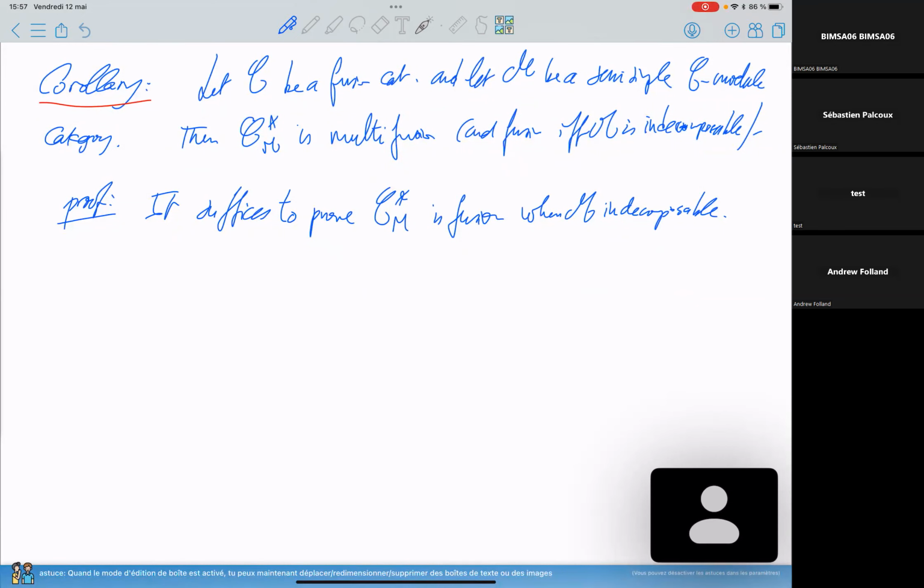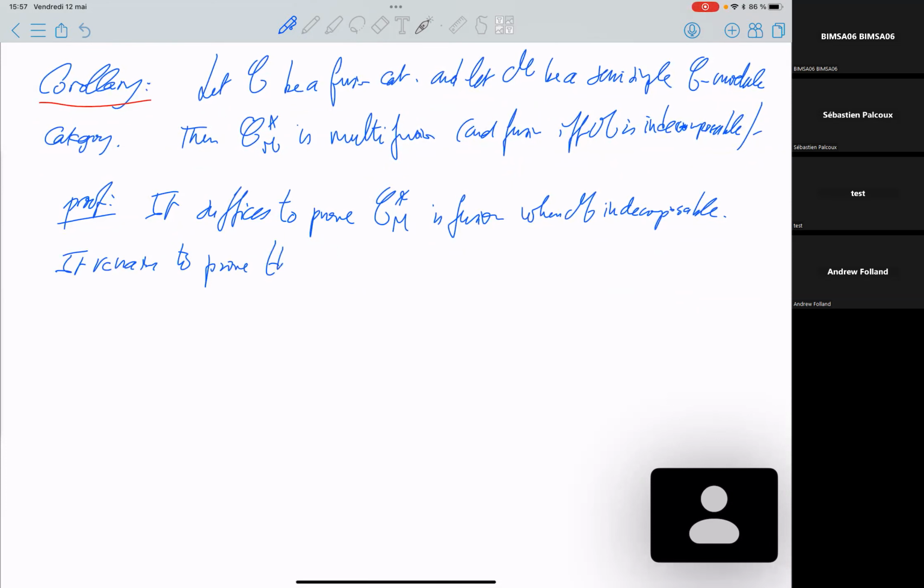And it remains to prove that the dual with respect to M is semi-simple, because we already know it's a finite tensor category. It remains to prove.